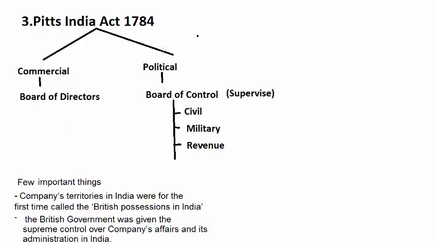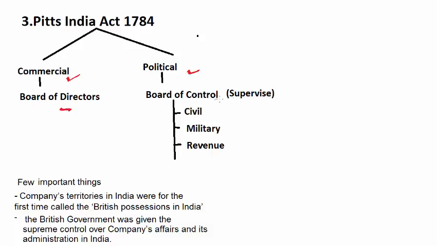This Pitt's India Act divided the functions of the company into two parts. One was the commercial function, which was already there, and the other was the political function. Earlier, the Governor General of Bengal, with the help of his executive council, did the political function, but now the political function was separated from the commercial function. For commercial functions, there was the board of directors already existing.